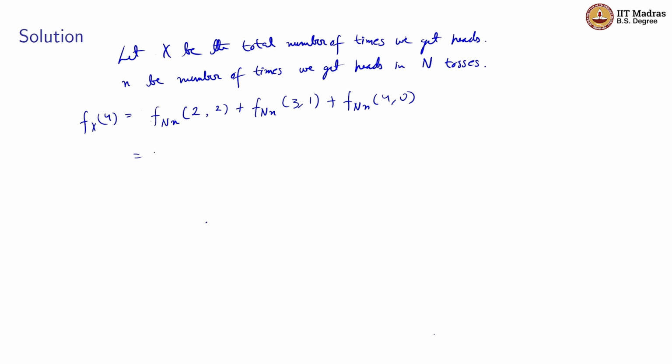So this will be equal to marginal capital N is equal to 2 into conditional small n is equal to 2 given capital N is equal to 2, plus marginal capital N is equal to 3 into conditional probability that small n is equal to 1 given capital N is equal to 3, plus marginal that capital N is equal to 4 into conditional probability that small n is equal to 0 given capital N is equal to 4.